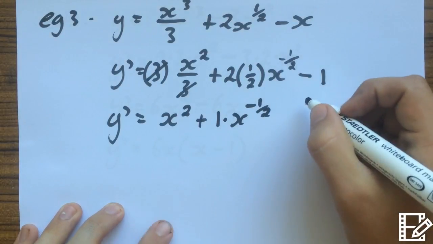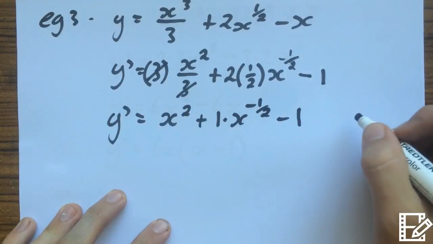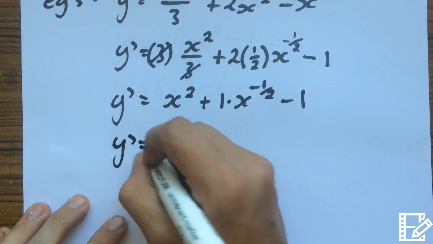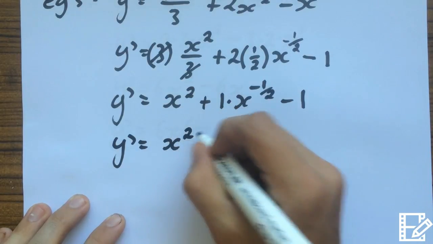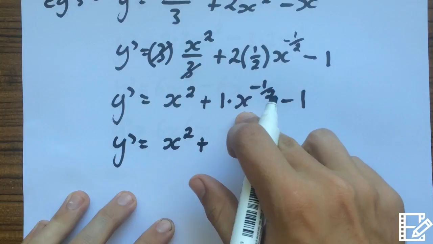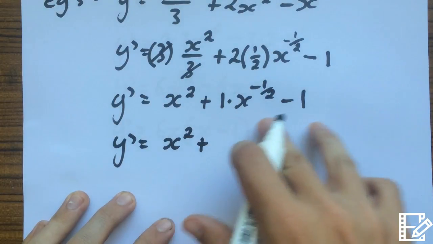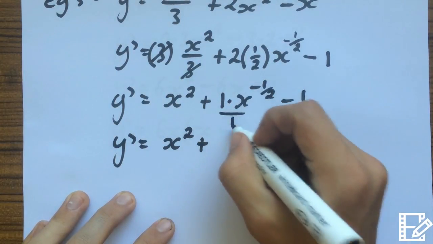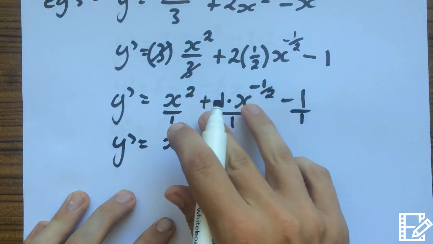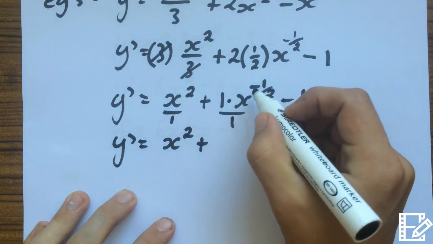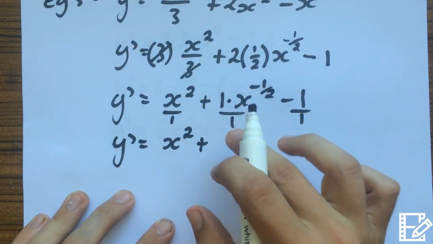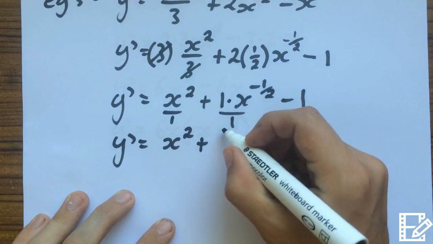Take 1. Touch it up a bit more. So I'll have x squared plus. Now when x is on the top of a fraction, because technically this is all over 1, if you have x on the top of a fraction and it has a negative power, you can actually bring it down to the bottom and it will make it positive.